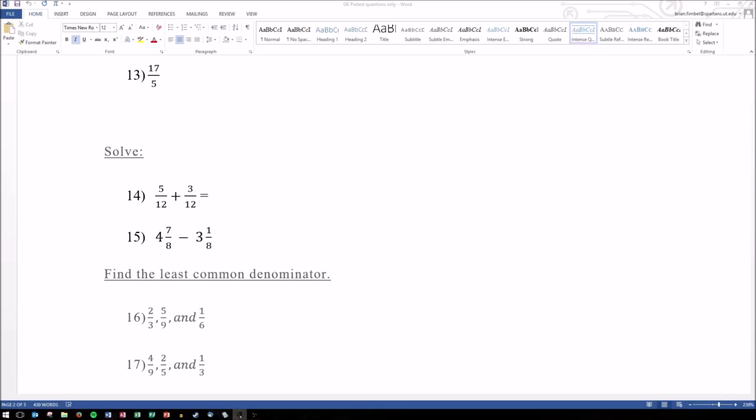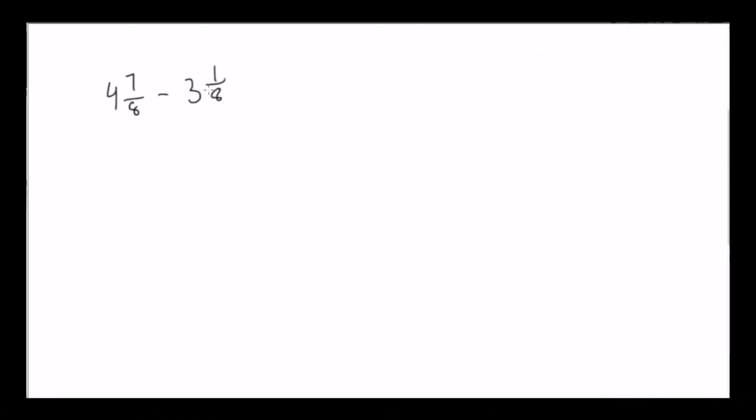Alright, number 15, we have 4 and 7/8 minus 3 and 1/8. Now this is another easy one. We have 7/8 and 1/8 here, and we have whole numbers. So we're going to identify our whole numbers with a line and our fractions with another line. 4 minus 3 gives us 1, and 7/8 minus 1/8 gives us 6/8.